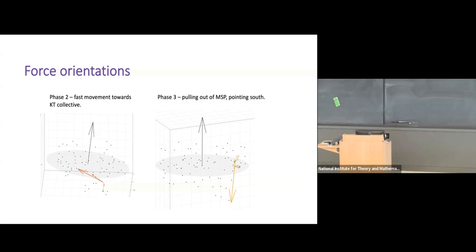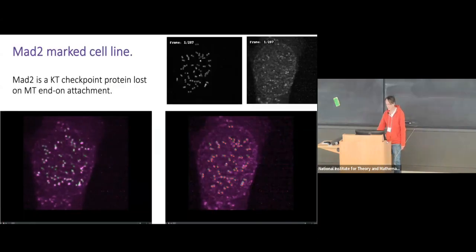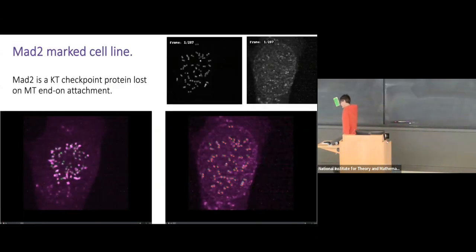And this is phase 3, pulling you out of that plane, probably towards the spindle pole. This is its sister. It also has 4 phases. Again, we get this fast movement here. Both of these sisters underwent fast movement, which is believed to be dynein driven. Okay, so I said probably going towards the spindle pole.